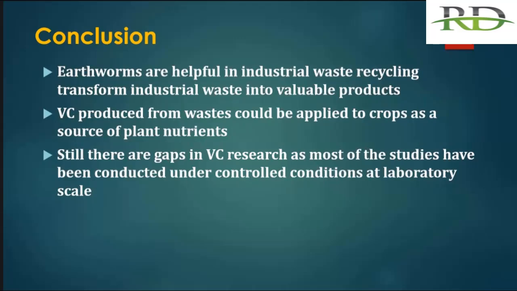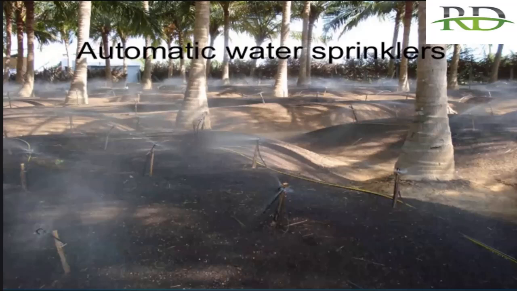One of the success stories in Tamil Nadu is an agri graduate called Gopi. He has an industry, RD Agro Products, around 250 to 300 kilometers from Chennai, where he is doing vermicomposting successfully.